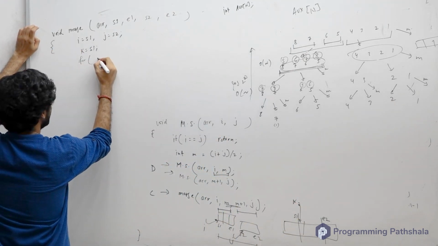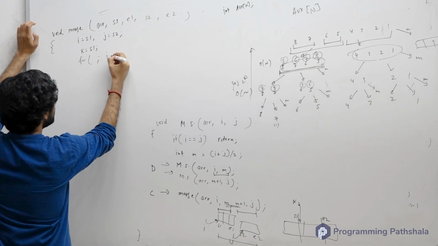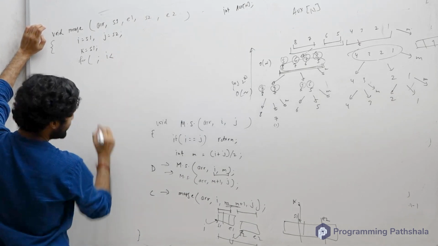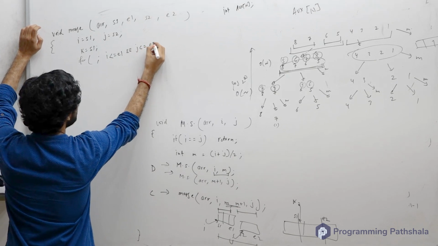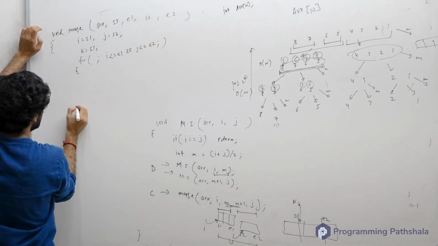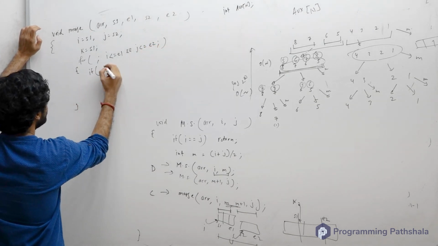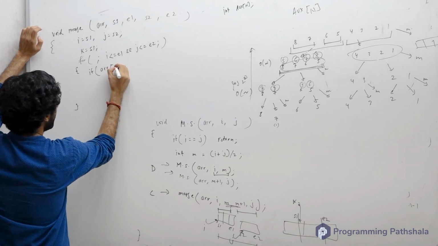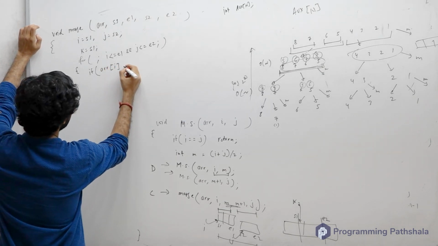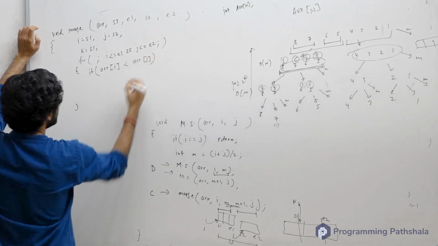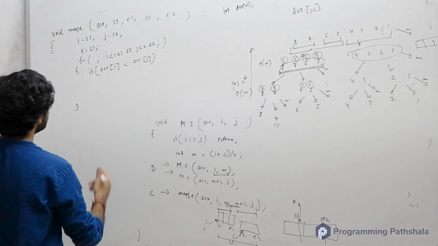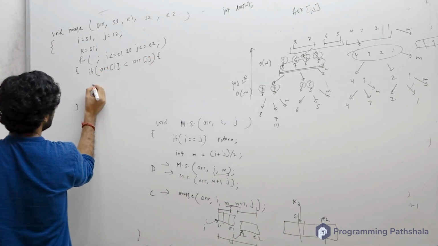Now comes the logic for merge. While i is smaller than or equal to E1 and j is smaller than or equal to E2, if array of i is smaller than array of j, then what would I do?